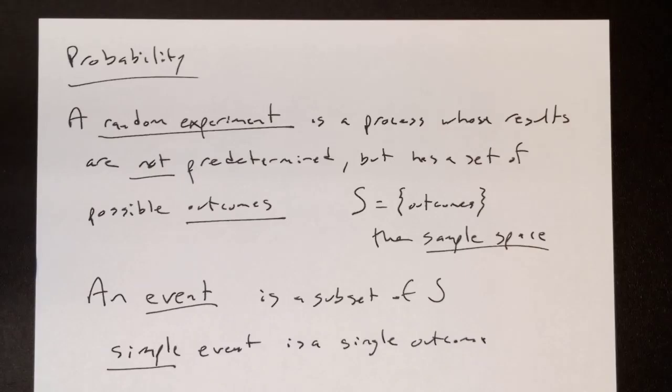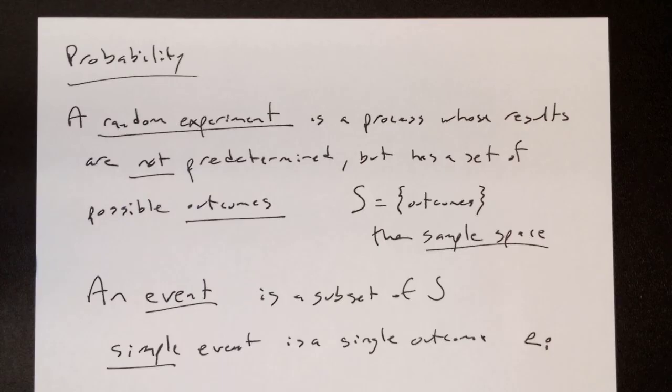So I could say, that's my event. You pick the queen of clubs. Most of the time, we will indicate an event with some index on it, depending on how many I have. If I have a discrete set, even if it's a huge set, I'll number them from 1 to whatever.